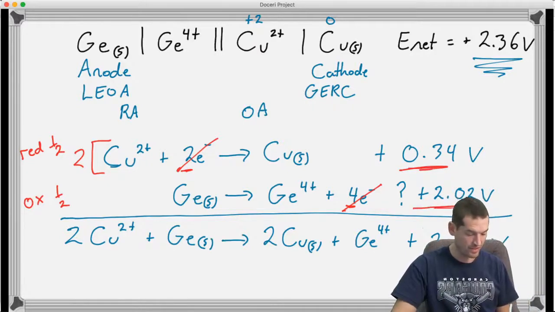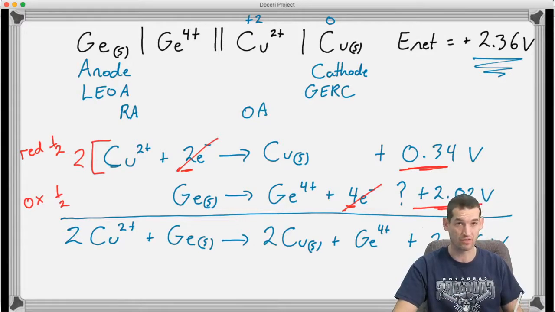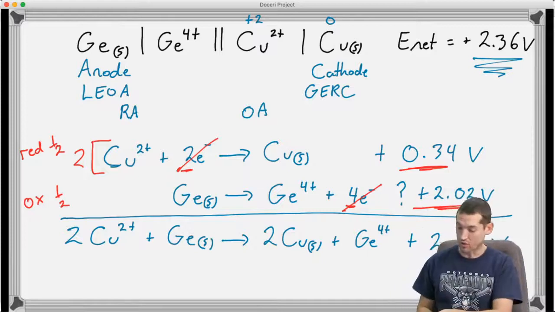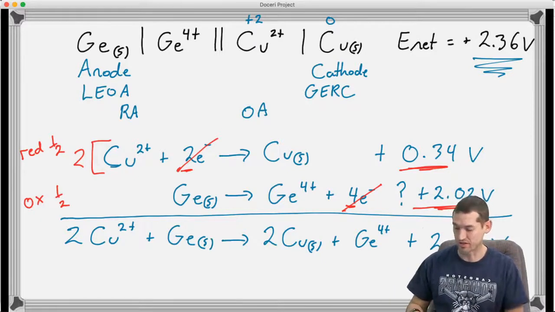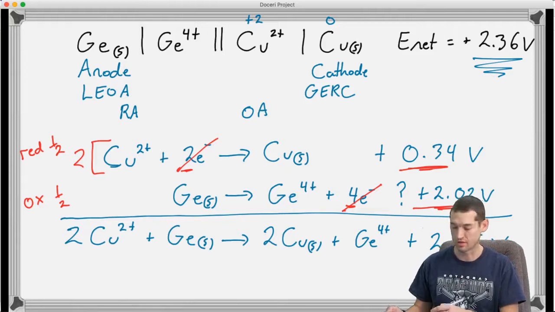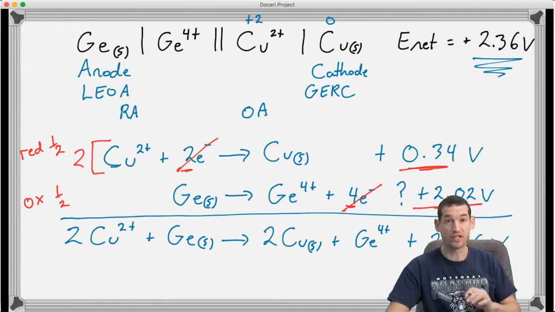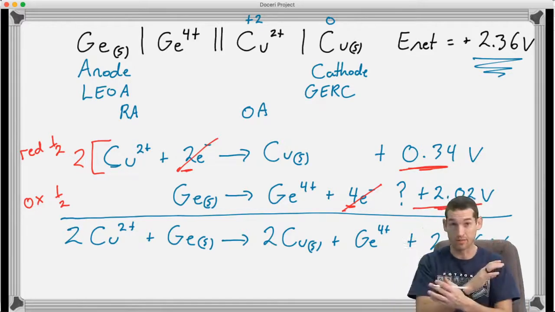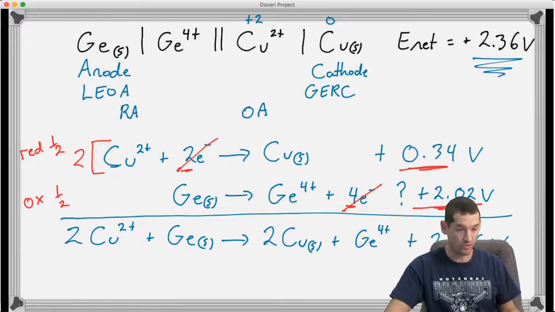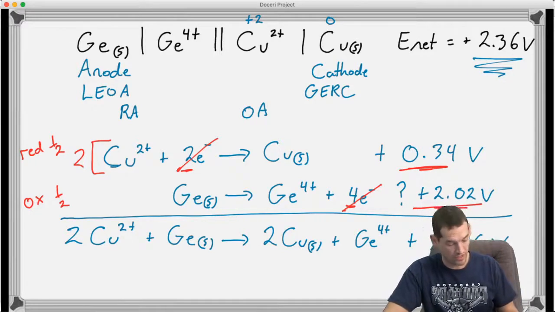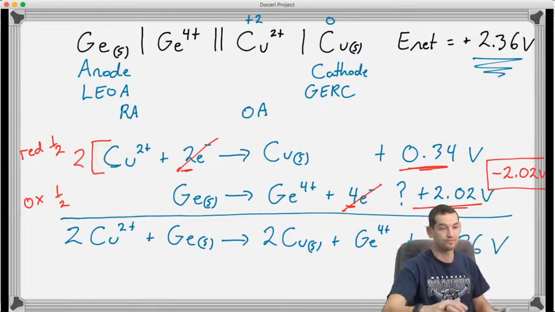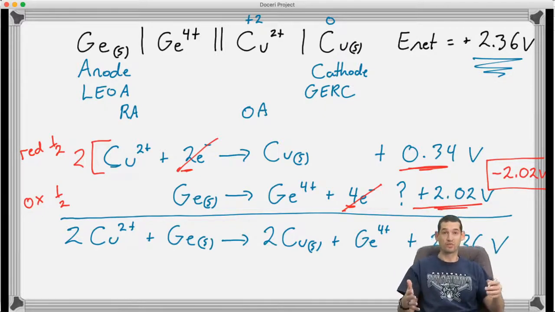But this one, because it's an oxidation half reaction, is an oxidation potential. If you look back at the question, it says determine the reduction potential of the Ge, not the oxidation potential. So reduction potential would essentially be to grab that reaction and flip it. So the answer to the question isn't the positive 2.02 volts, it would actually be negative 2.02 volts. That would be the answer, because it was asking for reduction potential.